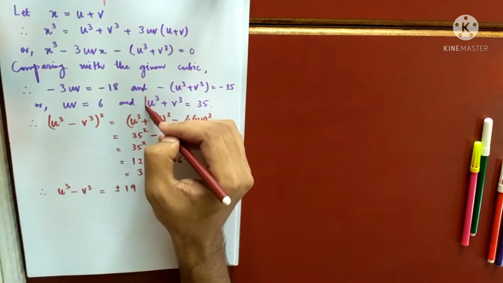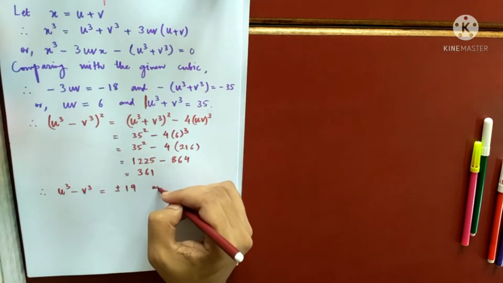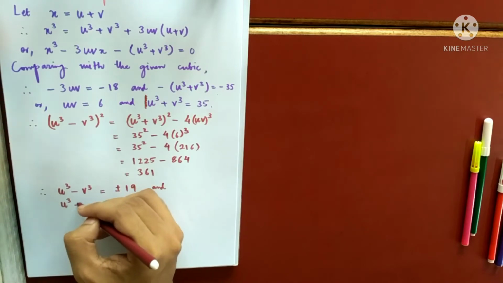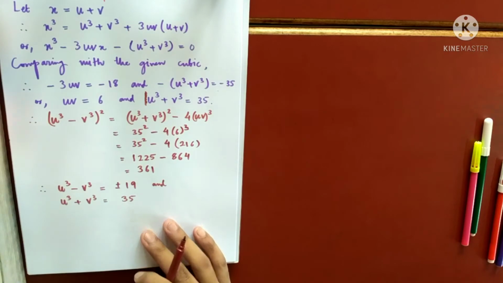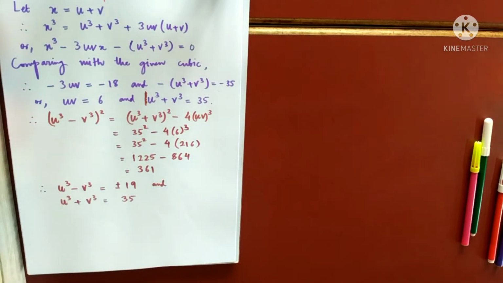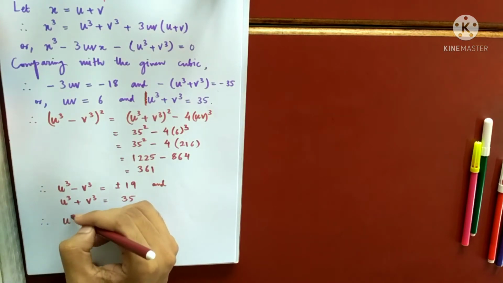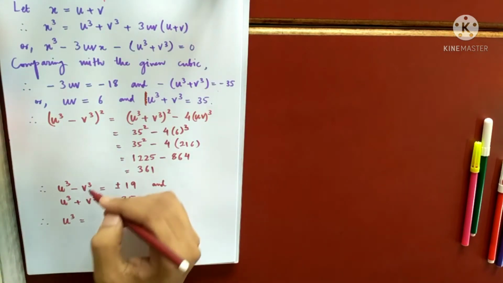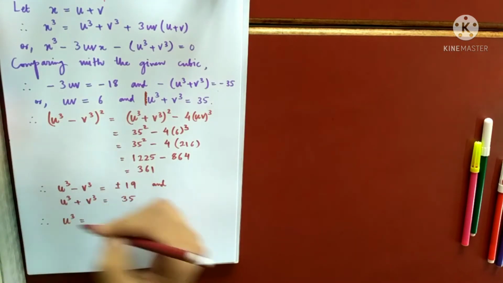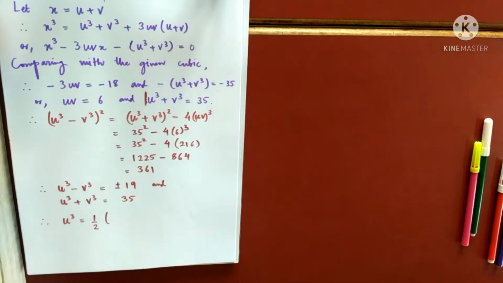So look at this. Okay, I'll just write it down. And u cube plus v cube is nothing but 35. Remember one thing: if I add them, I'll get 2u cube, and v cube is getting cancelled, as simple as that. So u cube is half of this, and one of them will come positive, one of them will come negative for sure.